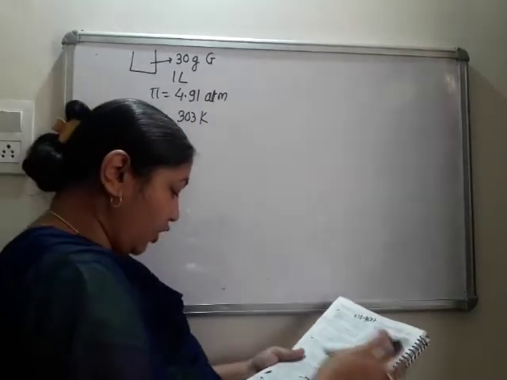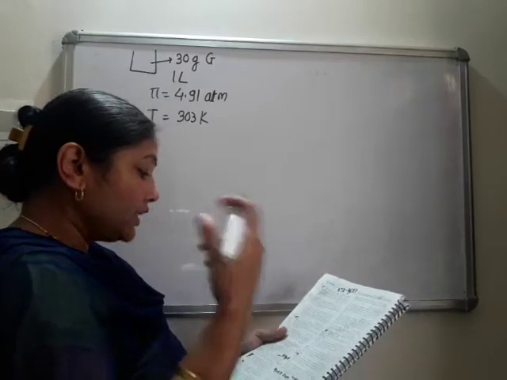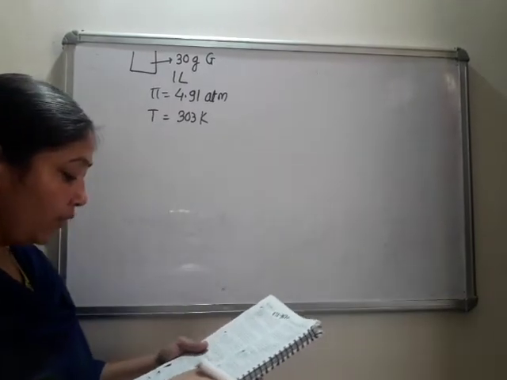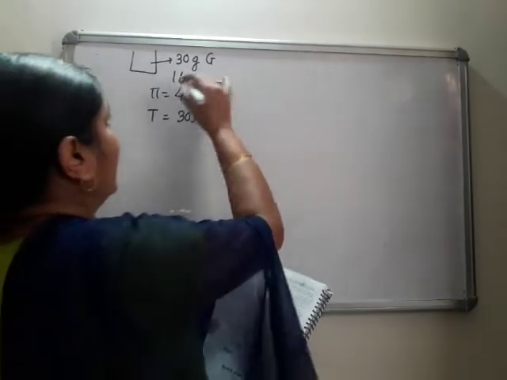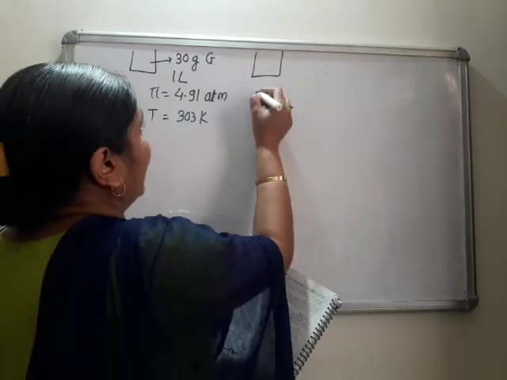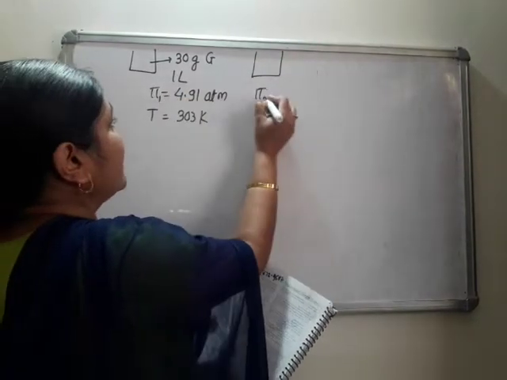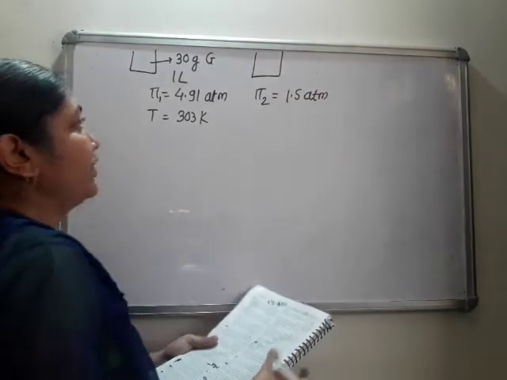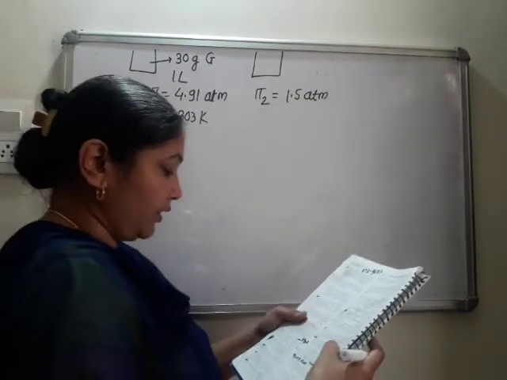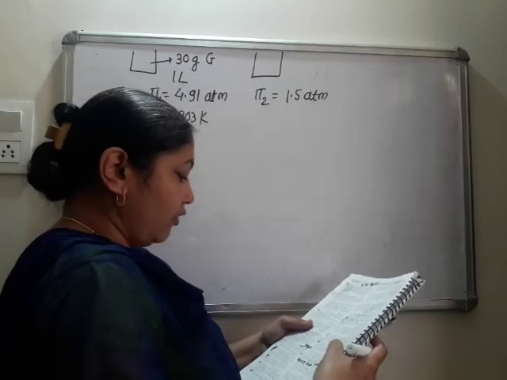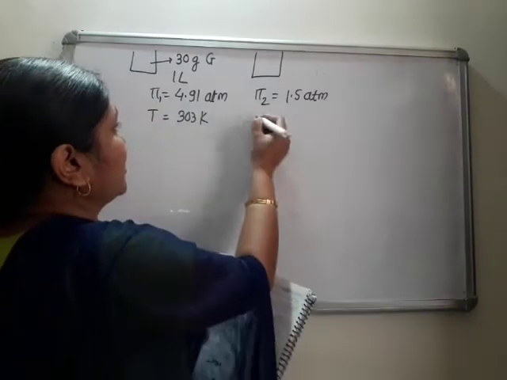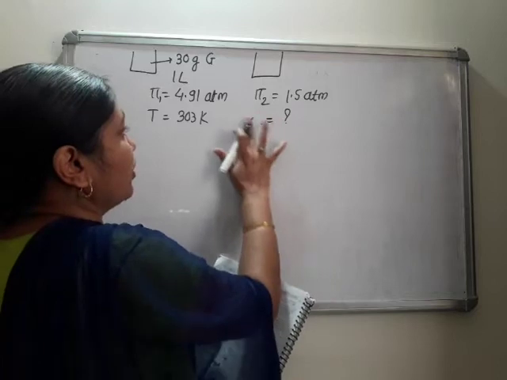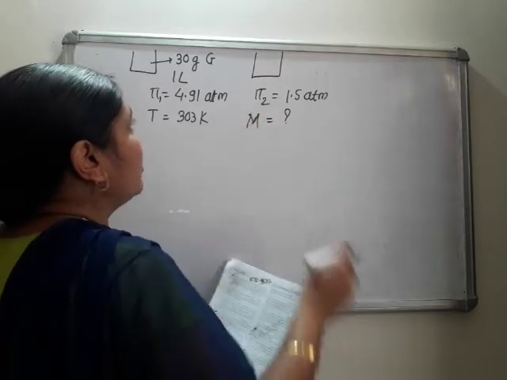If osmotic pressure of same solution is 1.5 atmosphere, if same solution we take, this is pi 1, this is pi 2, 1.5 atmosphere at the same temperature. What would be its concentration? Concentration we can say its molarity.